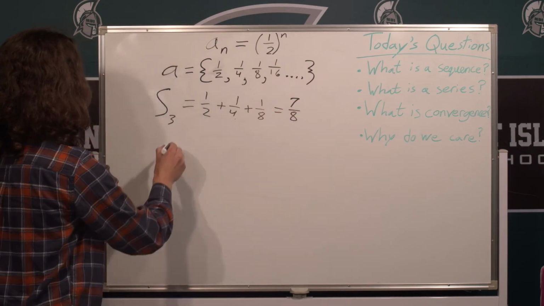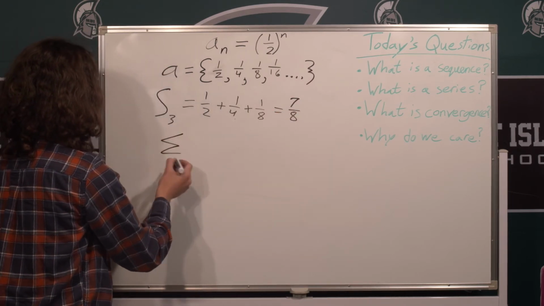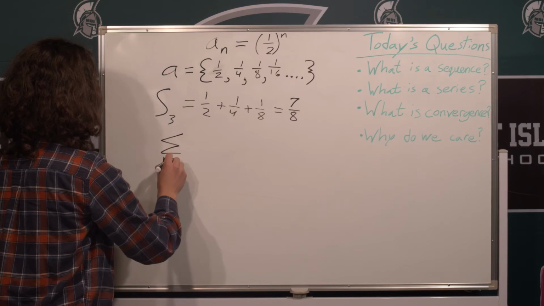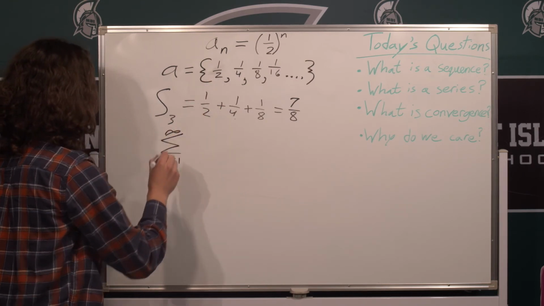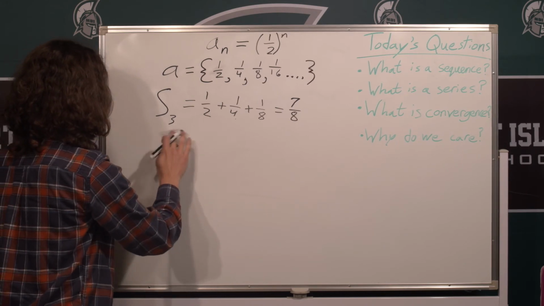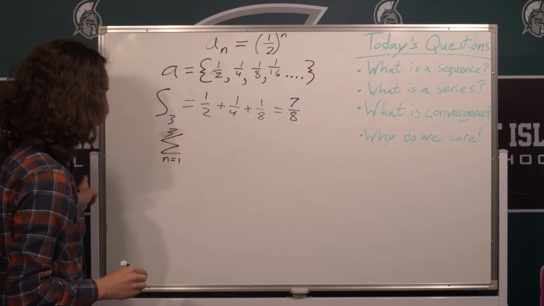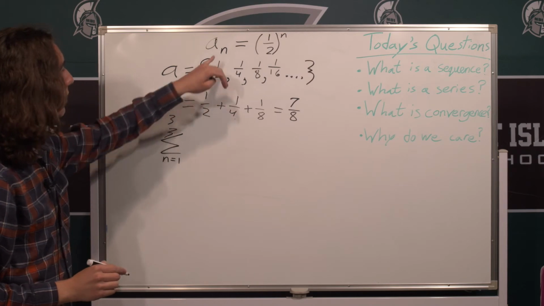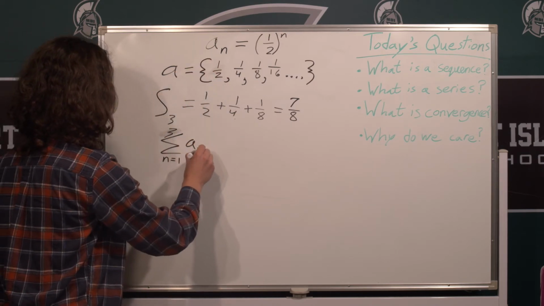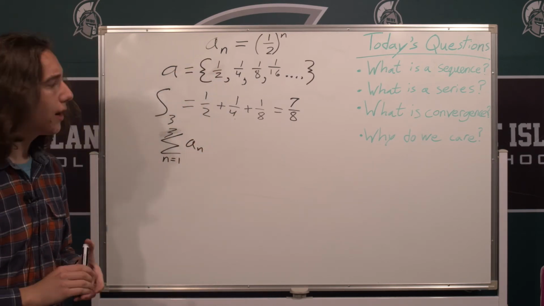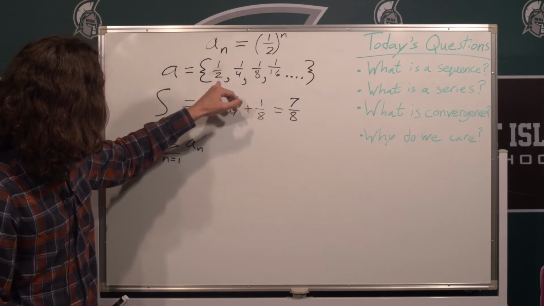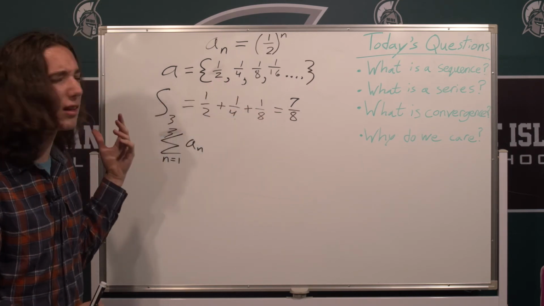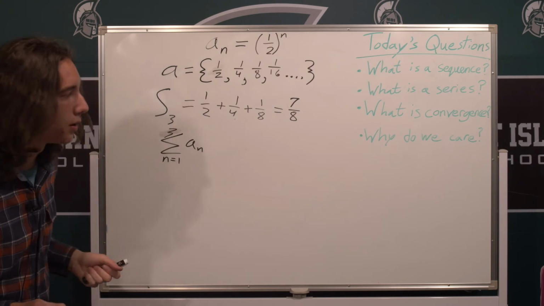And that can be represented as the sum from n equals 1, because I'm starting with 1 here, to 3 of a sub n. And you can see how this doesn't get super big. This isn't really that much bigger than 1/2, but it still kind of looks like it'll build up forever.